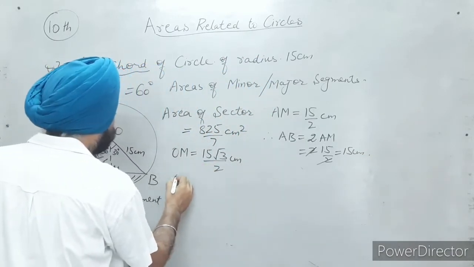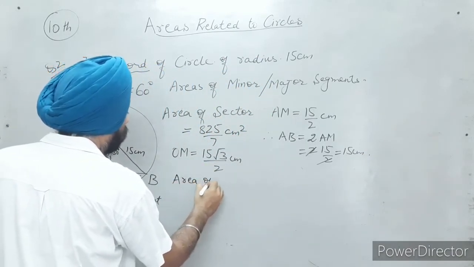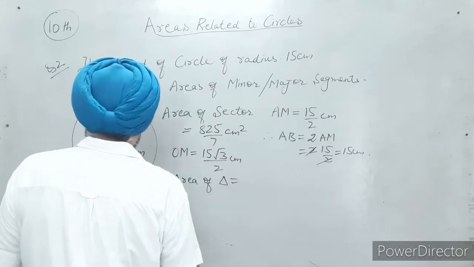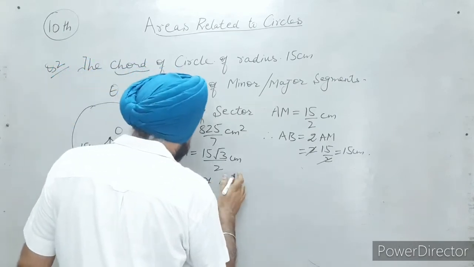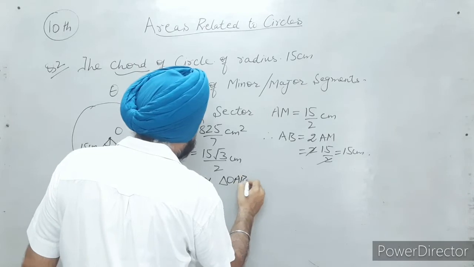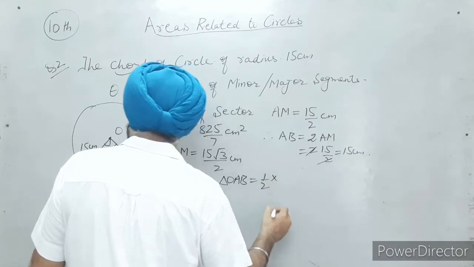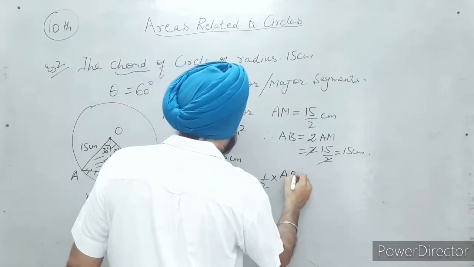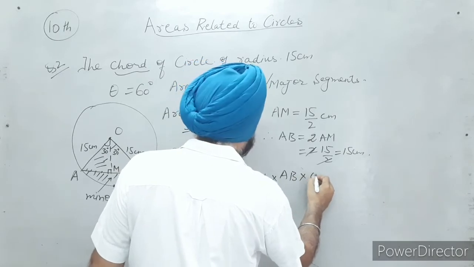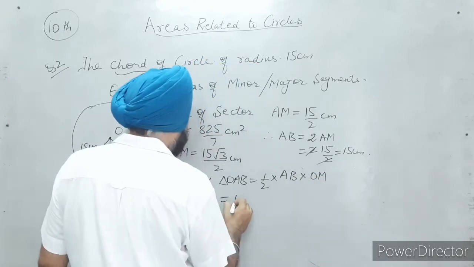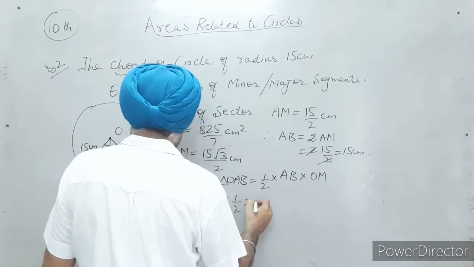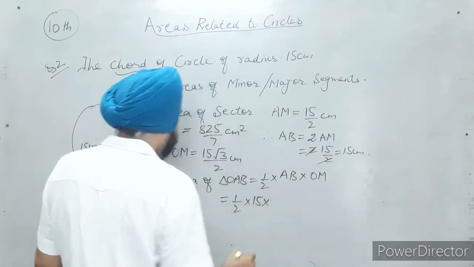Now, area of triangle OAB. Let me write the name. This is half into base into the height OM. This is half, base is AB, 15 multiplied by OM.